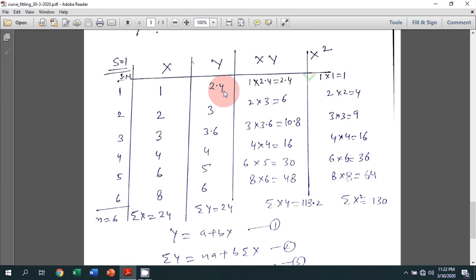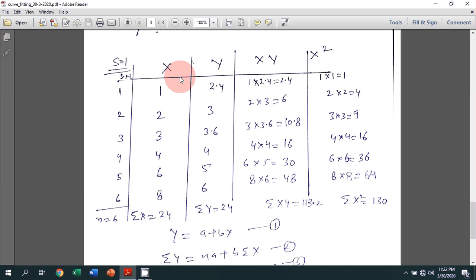We put them in, and again we find the value of xy. Then xy is 1 into 2.4, that is 2.4, 2 into 3, that is 6, 3 into 3.6, that is 10.8, 4 into 4, that is 16, 6 into 5, that is 30, 8 into 6, that is 48.